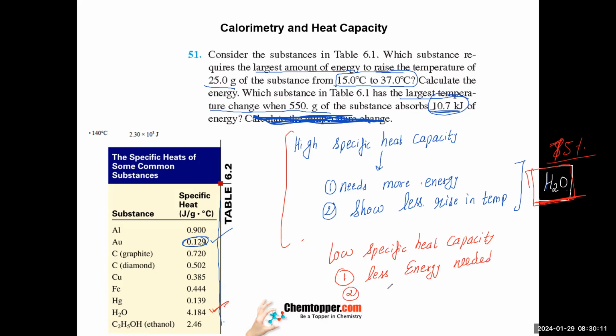And second, it is going to show you more rise in temperature. Temperature control is less. If the heat capacity is less, temperature control is less. If you put it in the heat, it will show more rise in temperature. You cannot touch it, like gold bangles. They gain so much heat, they show so much rise in temperature. You would like to remove them because of so much heat, right?